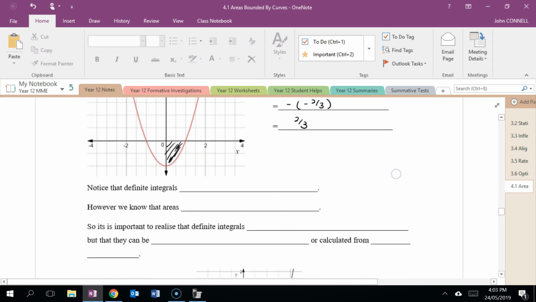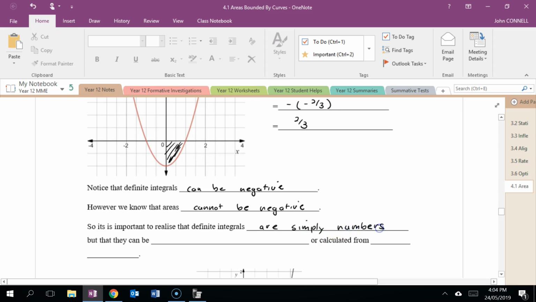Okay, so we can notice that definite integrals can be negative. But, as we said before, areas cannot be negative. So that means that we have to work out how we're going to get around this. But before we do that, we can see that this implies that definite integrals are just simply numbers.